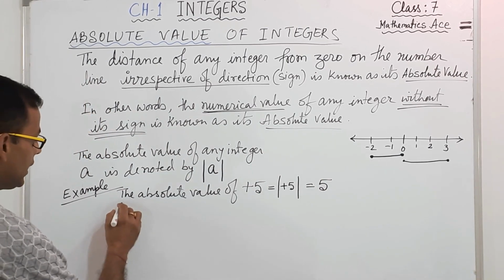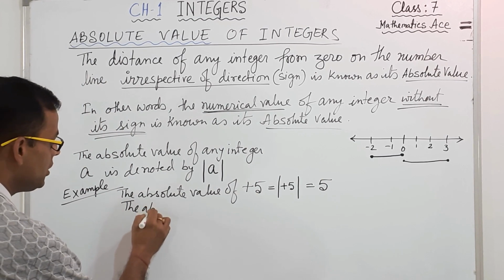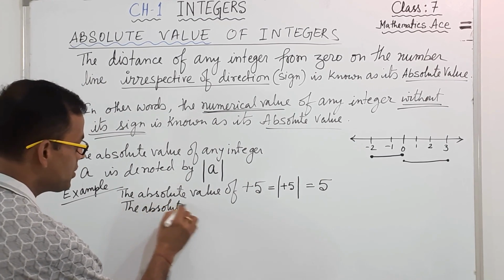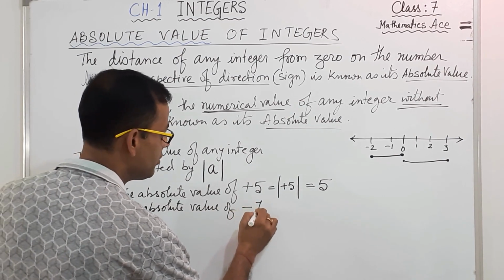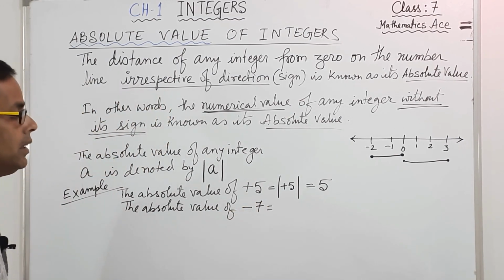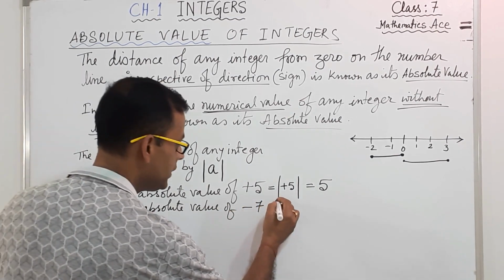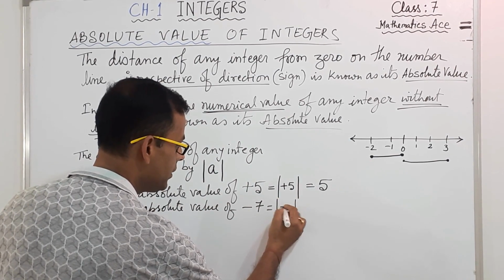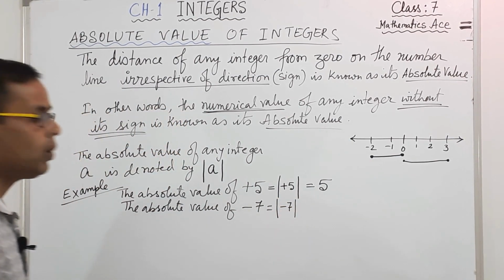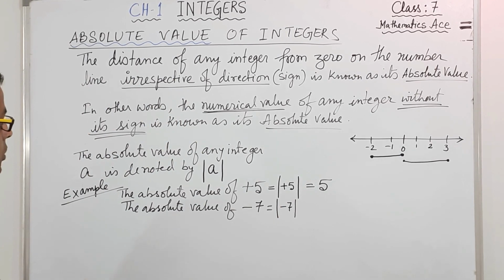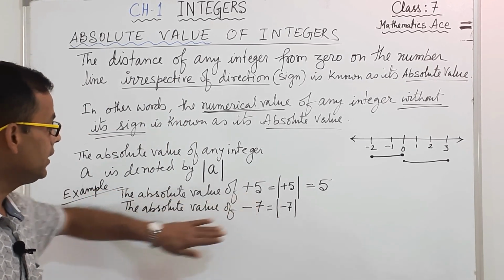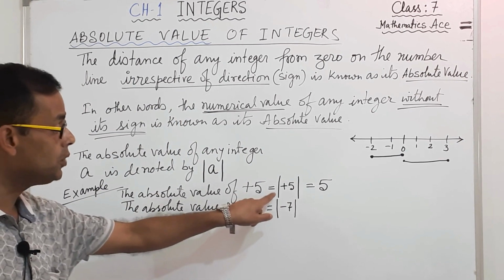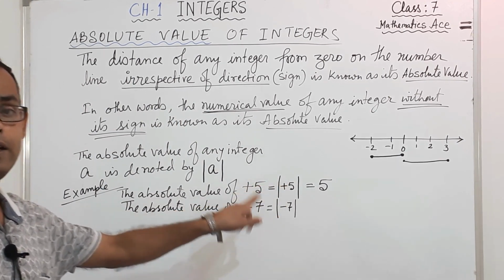Then another example, the absolute value of -7. How will you write? Two standing lines and inside -7. If you don't want to write the sentence, the absolute value, then you give two standing lines.